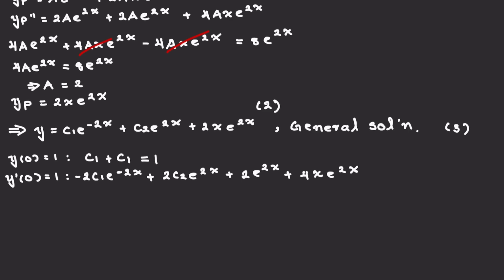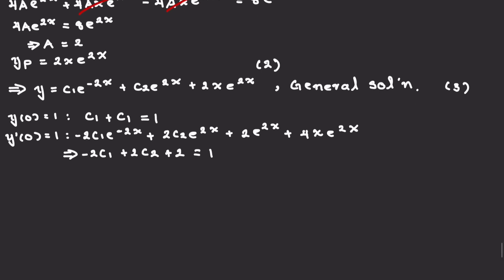And then we're gonna plug in 0 for every x and equate everything to 1, which we will get here -2c1 e^0 is just -2c1, and also for the +2c2, and +2 e^0, which is +2, plus 4 times 0, which is 0, and everything here equals 1. And now we can move the 2 to the right hand side, which we will get -2c1 + 2c2 equals -1.